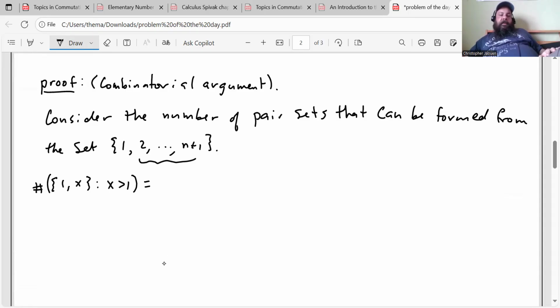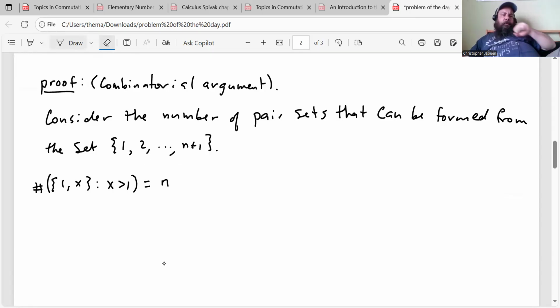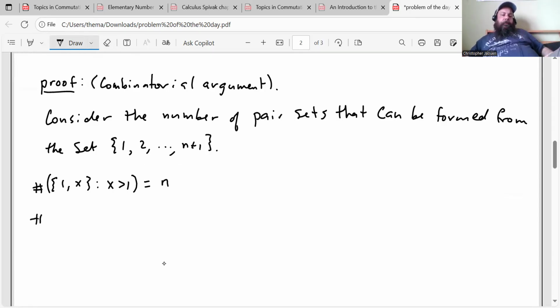So the cardinality of that set is n. And then if we look at the cardinality of the set where 2 is one of the elements of the pair set and x is greater than 2, this has cardinality n minus 1.